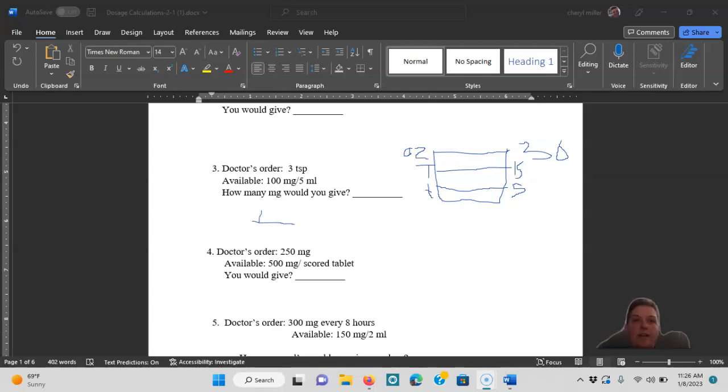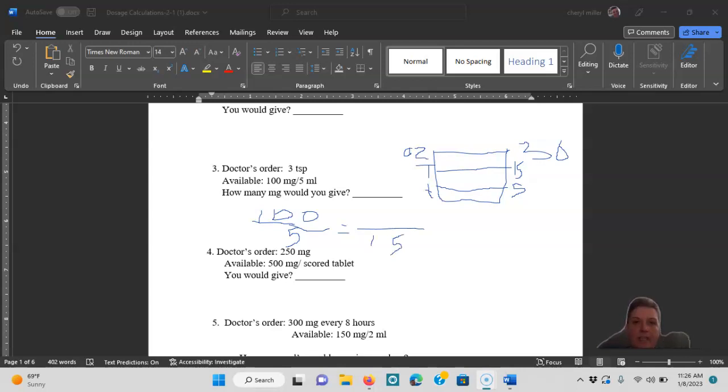If I thought about it, and I put 100 over here, and I put 5 here, then this would have to equal, what do I need in 15?